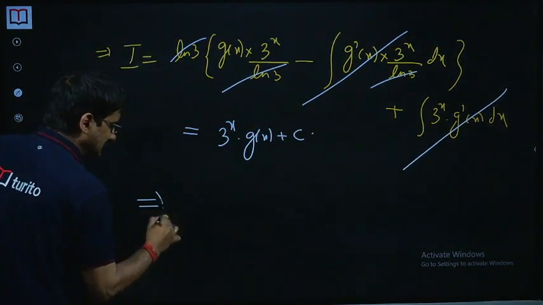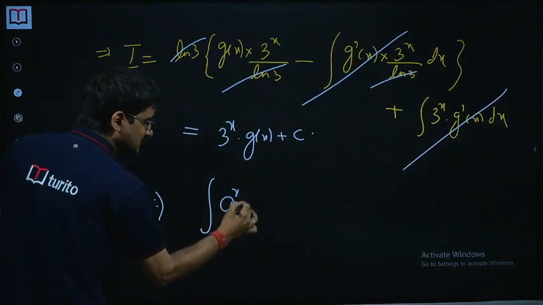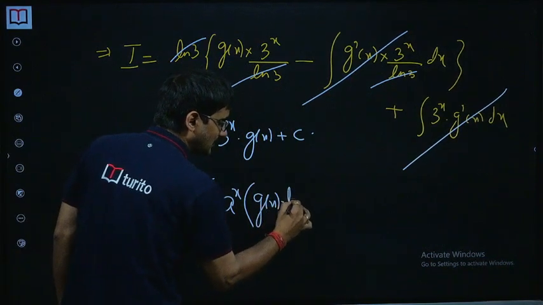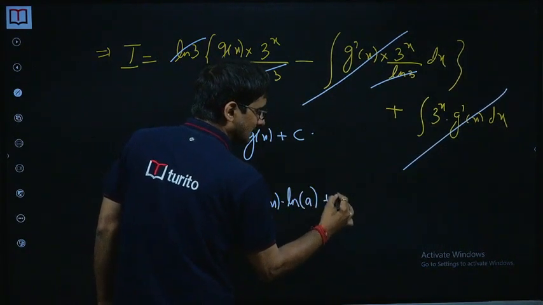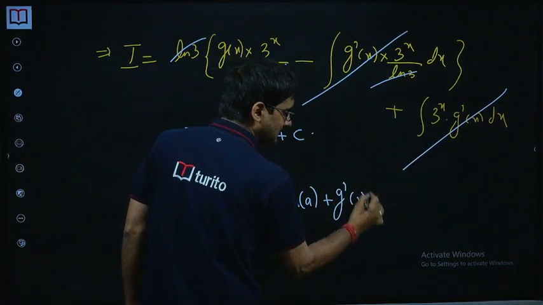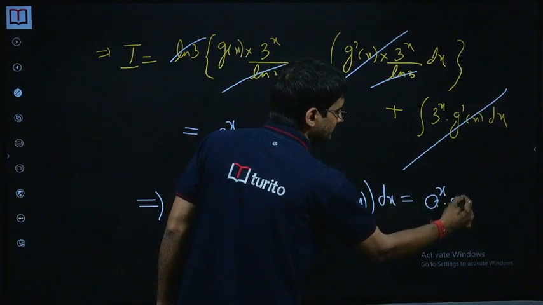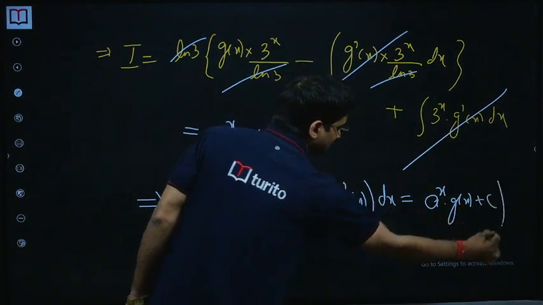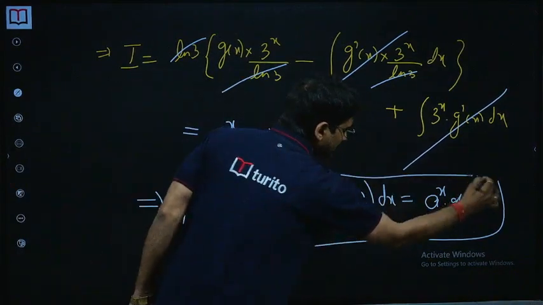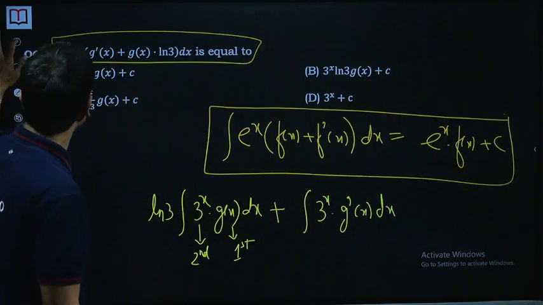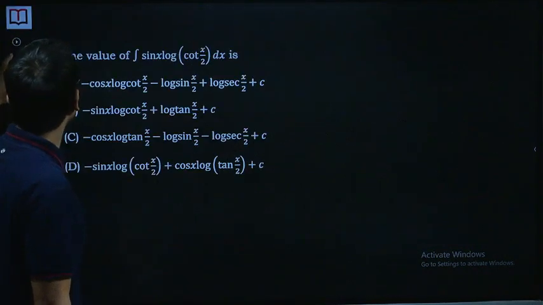So in general, if we wish to generalize it, the general form is the integral of a raised to the power x times g of x into ln a plus g dash x, which will be a raised to the power x into g of x. So that's how very easily we can generalize it. The purpose of this question was to discuss this part only. Now moving to the next one.